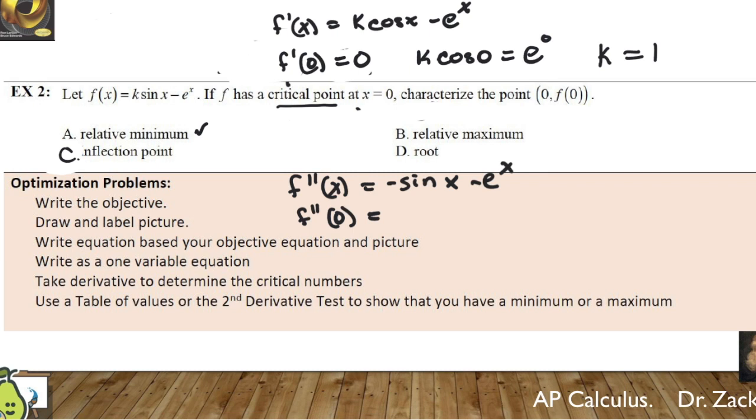That's going to be equal to -1. And now remember, your second derivative tells you you were concave down at that particular point. And if you're concave down at a critical number, you must have a relative maximum.